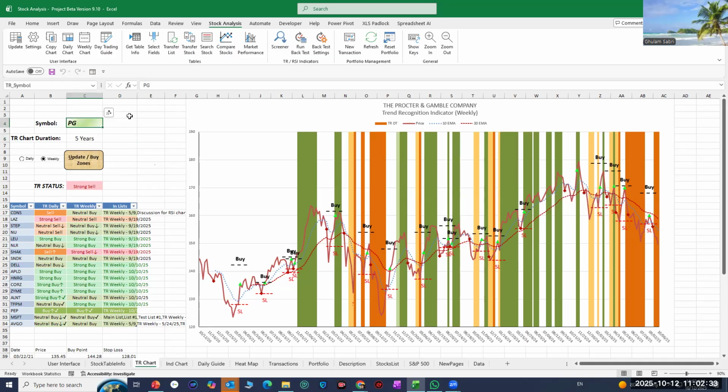For example, if you're just trading indexes, maybe SPUS, for maybe 1 year. SPUS is an ETF for the S&P 500.